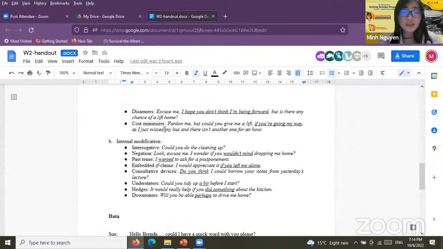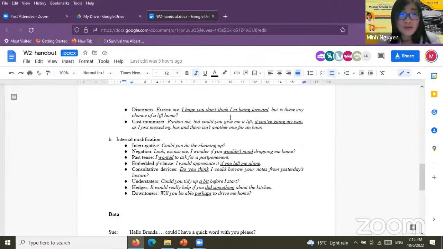Cost minimizers, meaning trying to compensate for your act, trying to minimize the inconvenience that you caused to them. Pardon me, but could you give me a lift if you are going my way only? Or if you borrow someone's car, you say, I'll buy you a full tank of petrol, right? So to compensate for your request, for the trouble, for the inconvenience that it cost them.